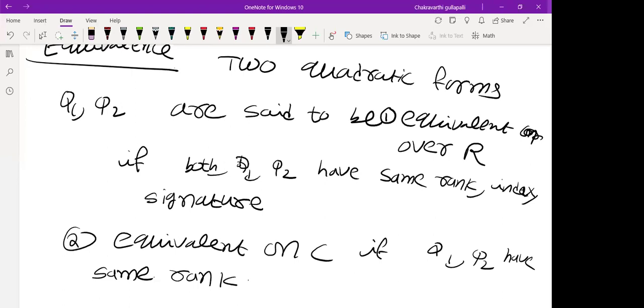So if the ranks are equal, then they are said to be equivalent over C. Over R means all should be equal, and over C means if ranks are equal, that is sufficient.